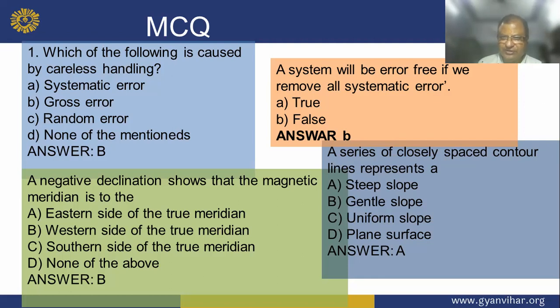Next question: a series of closely spaced contour lines represent a... So the correct answer is A, steep slope.